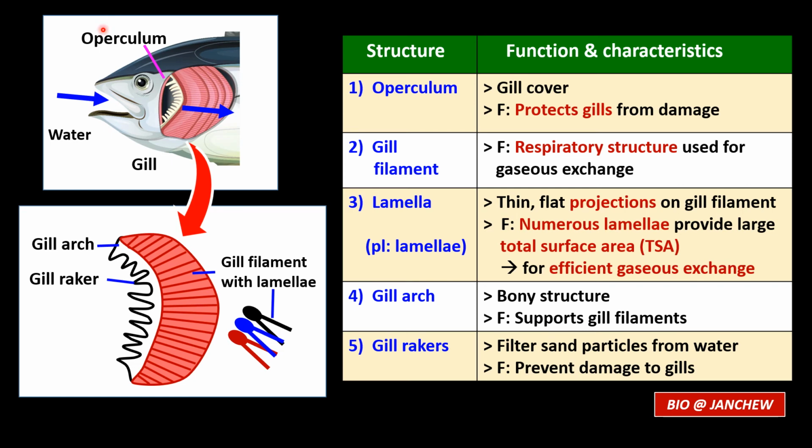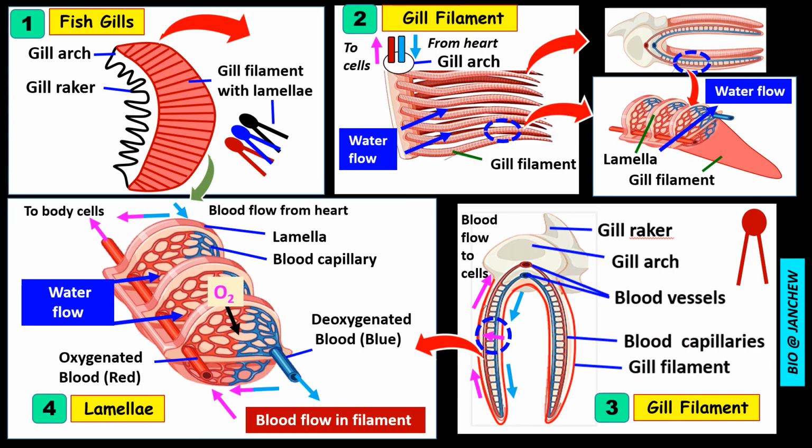So next, let us look at the structure of the gill filaments in more detail. Now you can copy the notes in the table here. So this set of pictures shows us systematically the structure of the gills, the gill filaments, and the lamellae, from the bigger structures to the smaller structures.